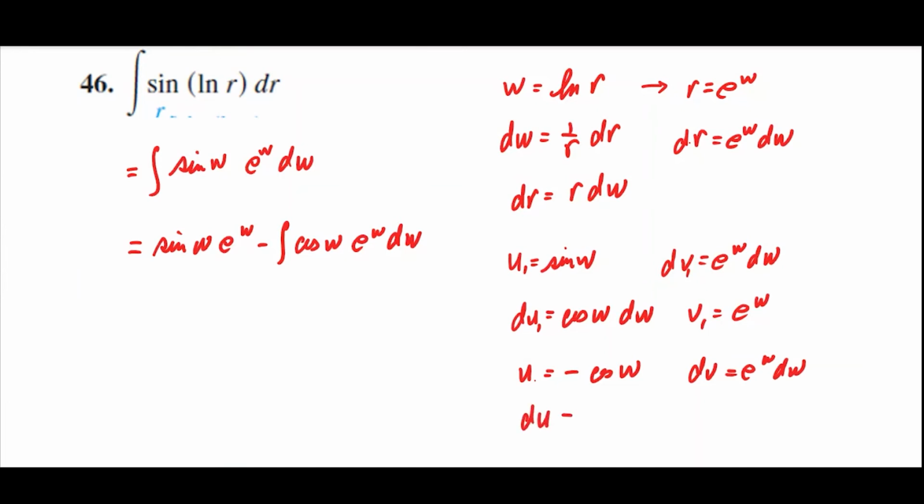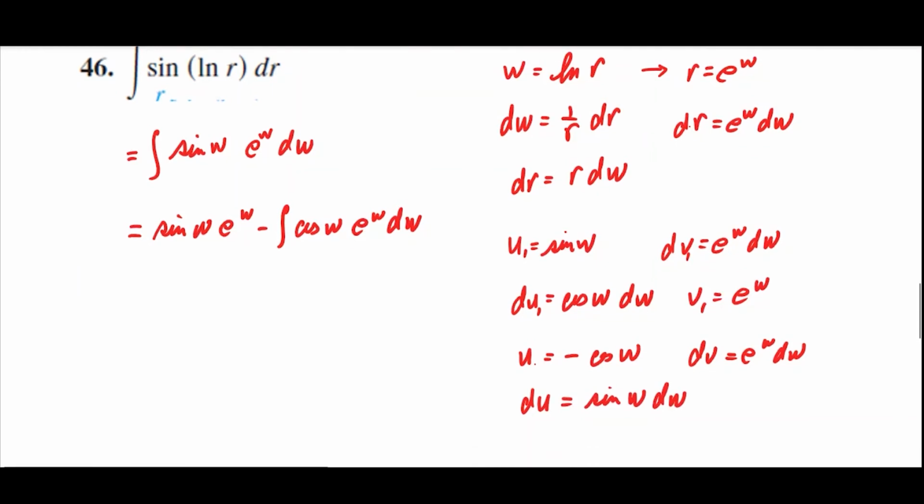Then du, now conveniently, this just becomes sine w, doesn't it? So wasn't that a good decision to throw the negative sign right there? And then v is e to the w. And before I forget, I'm going to finish writing the subscripts.